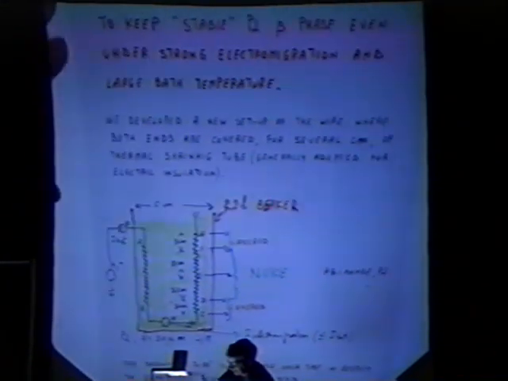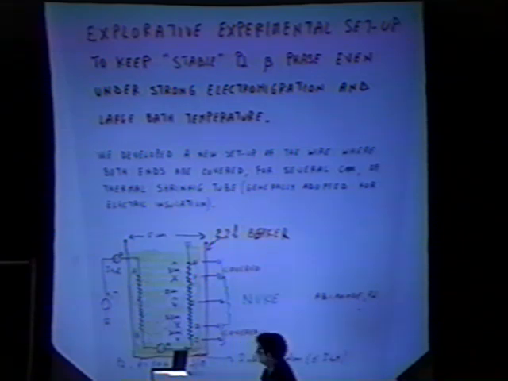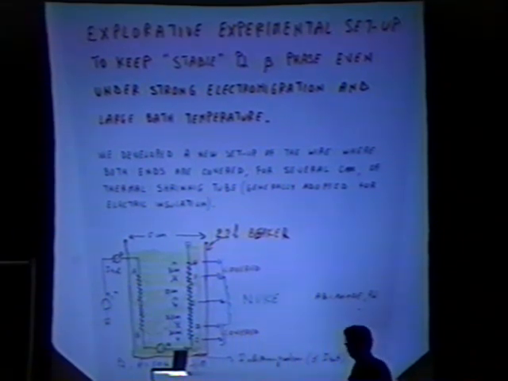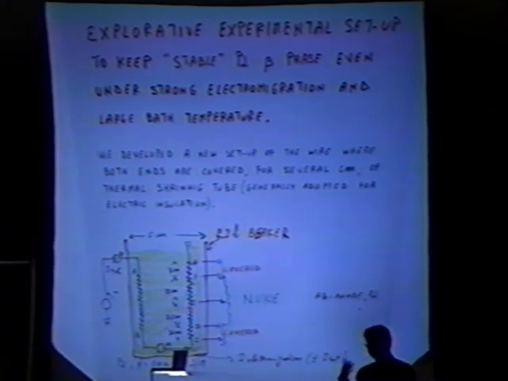So we built a very simple experiment. We ran light water to avoid errors due to some chemistry happening, and to optimize this kind of study. It was a wire about 30 centimeters long. The center section was not covered, and we covered both ends of the wire with some proper material.